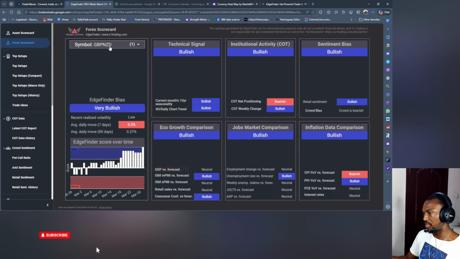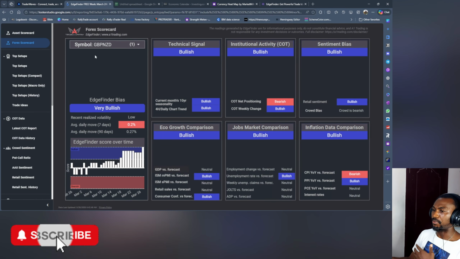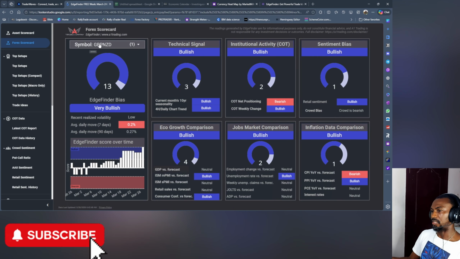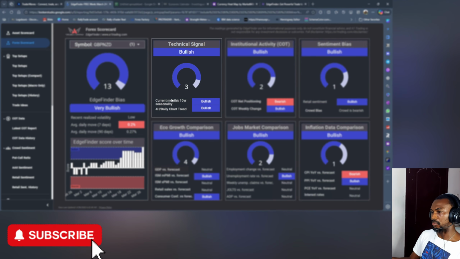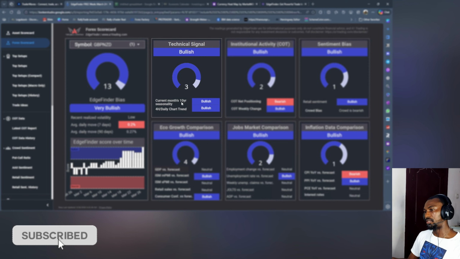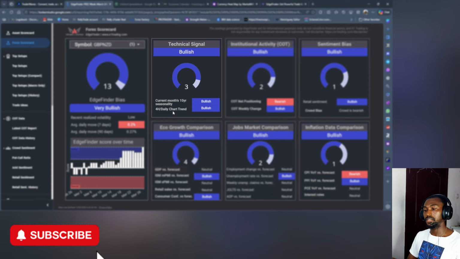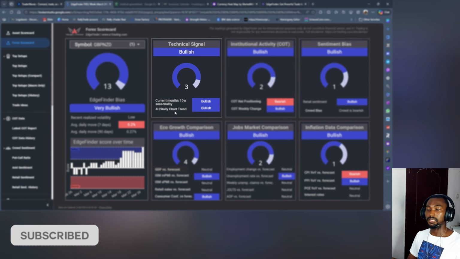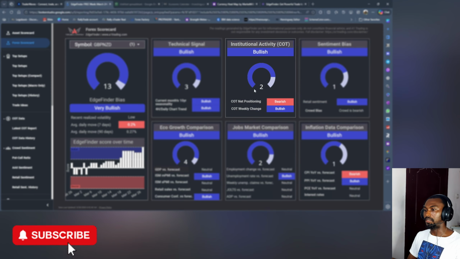The comparison space here already gives you a clear comparison of the two pairs. For example, the British pound New Zealand dollar right now, the technical signal is bullish. Why? Because the current month's 10-year seasonality trend is bullish. The 4 hours and daily trend chart is bullish. The institutional buying says the current net positioning is more for the New Zealand dollar than for the pound.